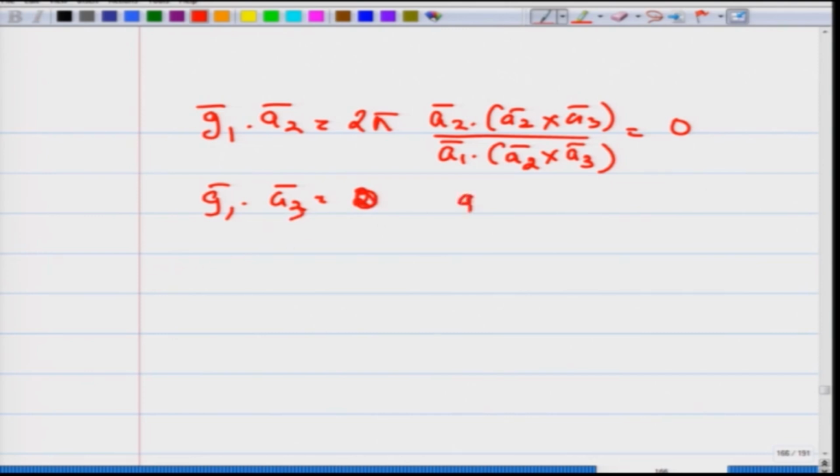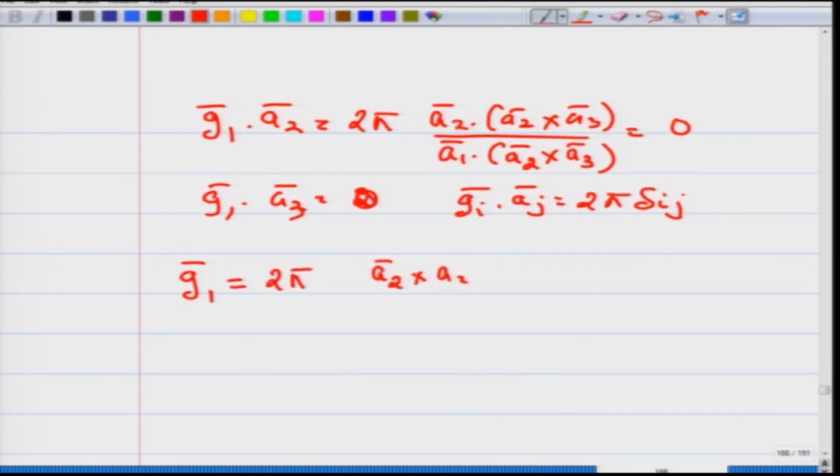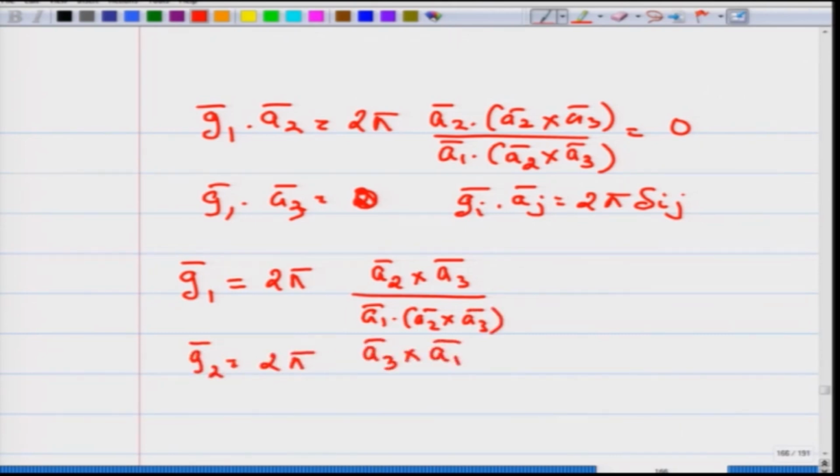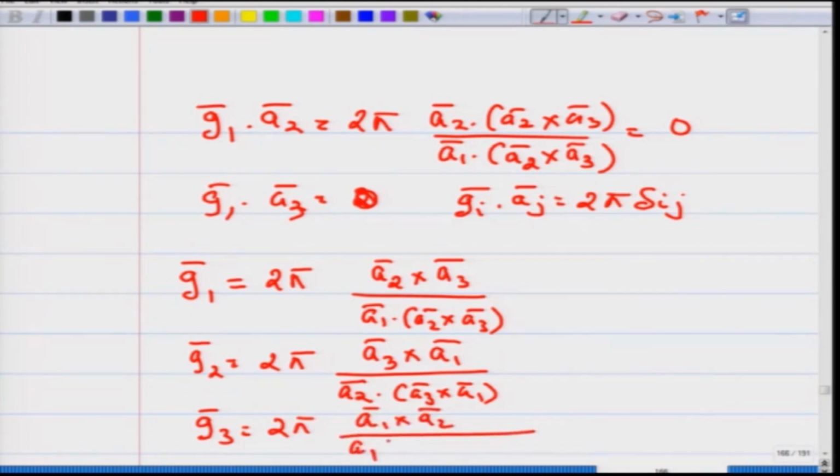So the Gi's which satisfy the condition Gi dot Aj equal to 2 pi delta Ij are given as: G1 is 2 pi A2 cross A3 divided by A1 dot A2 cross A3, G2 is 2 pi A3 cross A1 divided by A2 dot A3 cross A1, and G3 is 2 pi A1 cross A2 divided by A3 dot A1 cross A2.